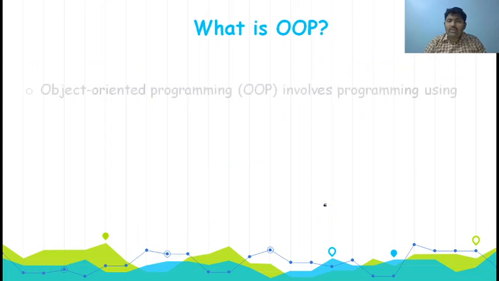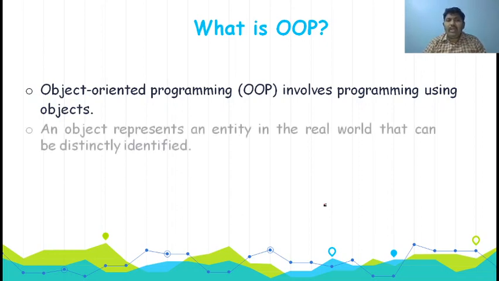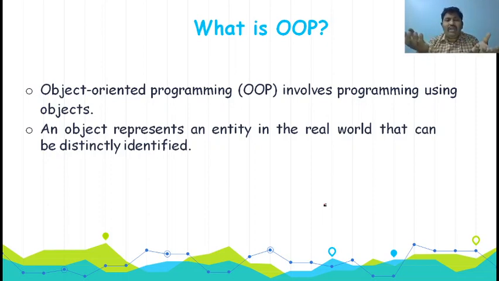So what is OOP? Object-oriented programming basically involves programming using objects. Simply put, if you write a program by using objects, it is called object-oriented programming. So what is an object? The object represents an entity in the real world that can be distinctly identified. For example, in a classroom we have distinct objects: a personal computer, board, chalk piece, duster.